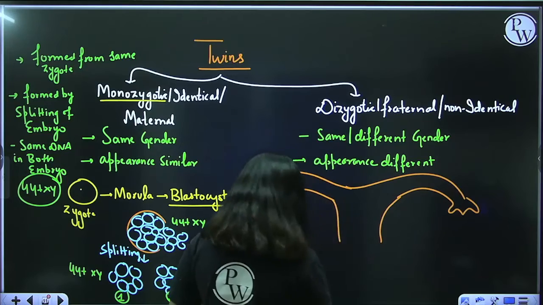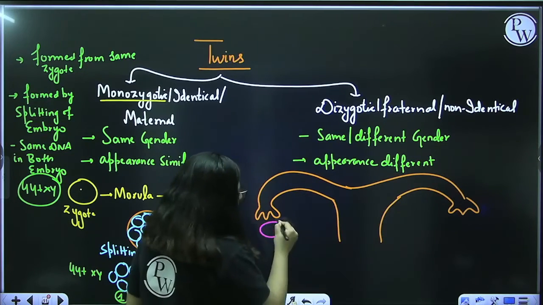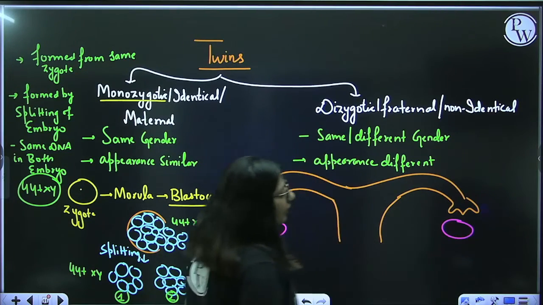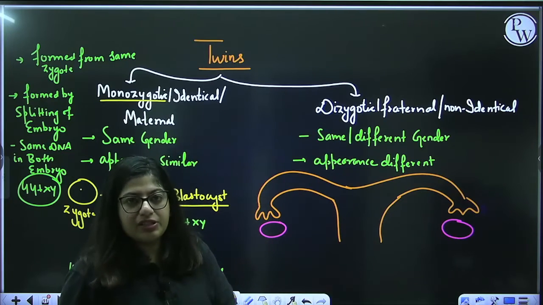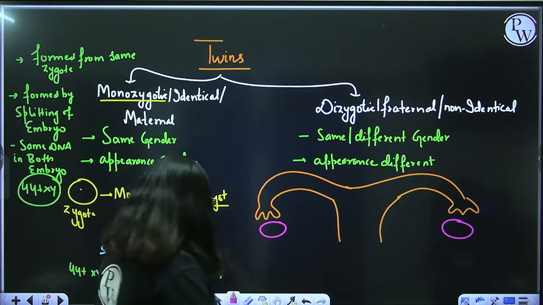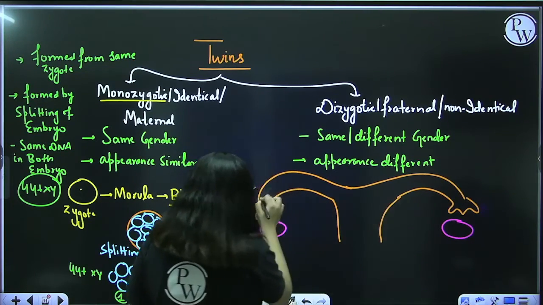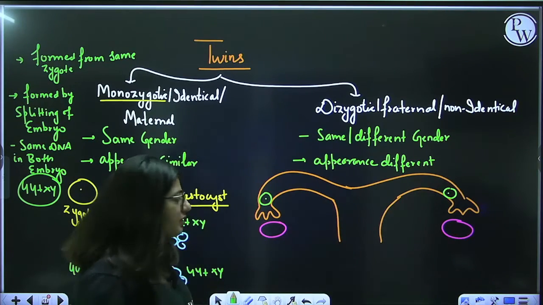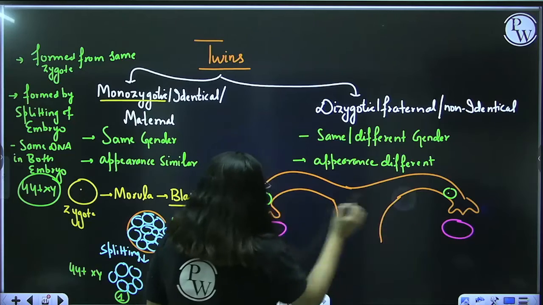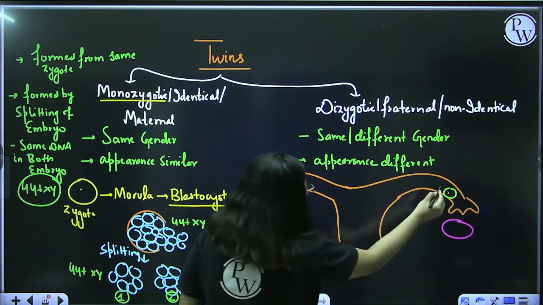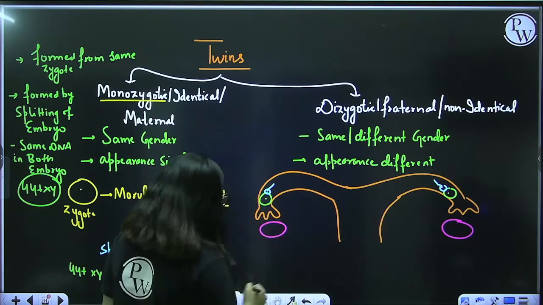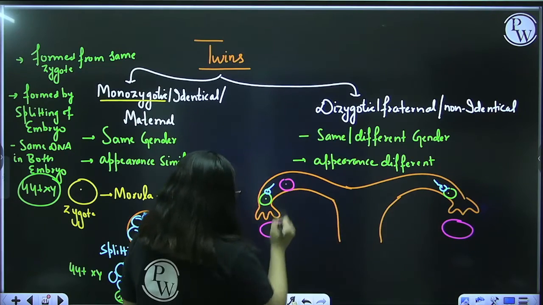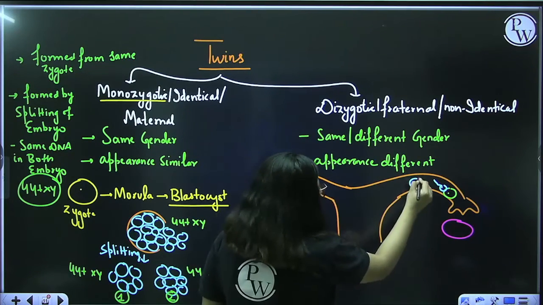Usually in a single cycle, one oocyte is released. What if due to some condition two oocytes are released? If two oocytes are released, two separate sperm will fertilize them, and two separate zygotes will be formed.